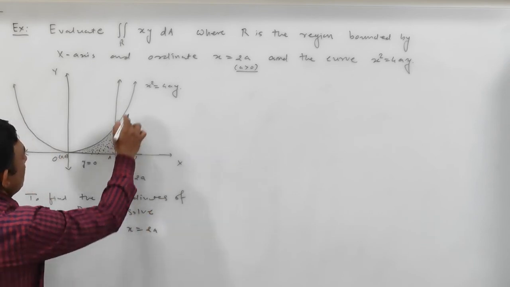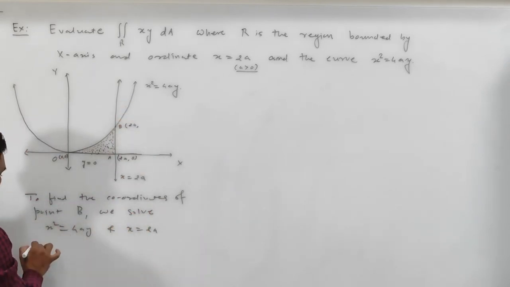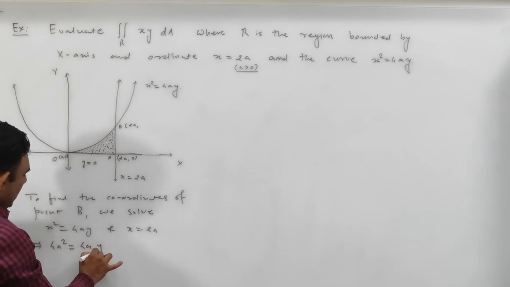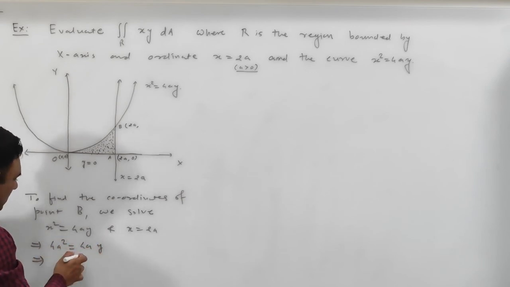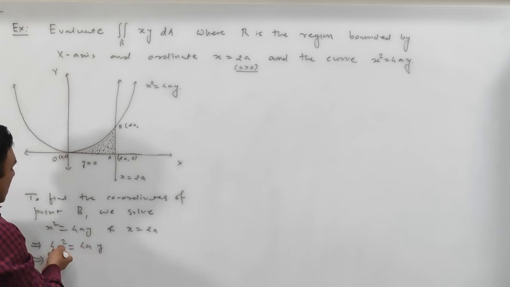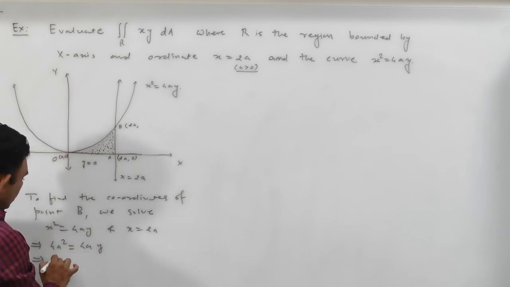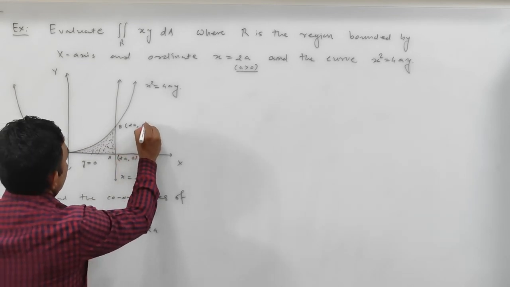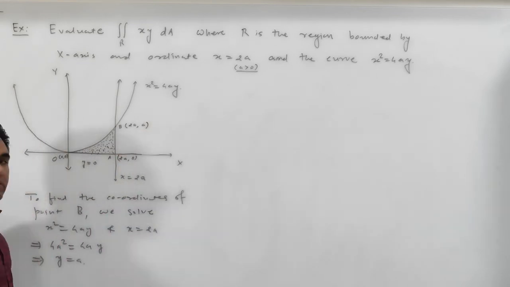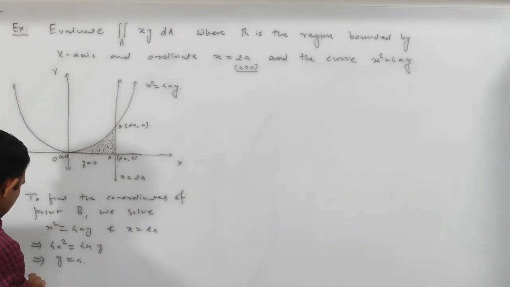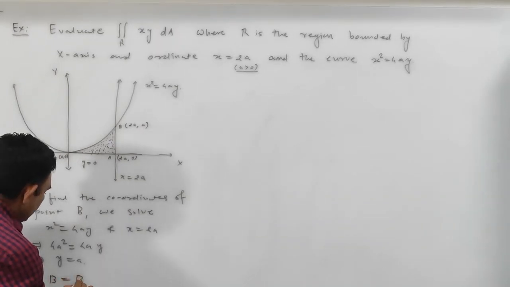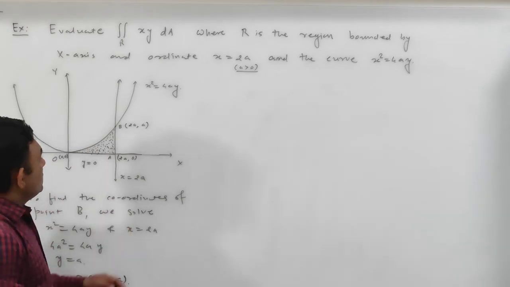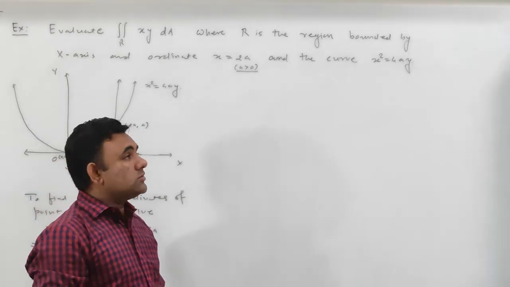These two equations we just solve. Put x is equal to 2a, so it is 4a square is equal to 4ay. It gives me, a cancel, 4 cancel, so y will be a. Therefore the coordinates of B are x coordinate 2a and y coordinate a. So now we have the coordinates of B also.